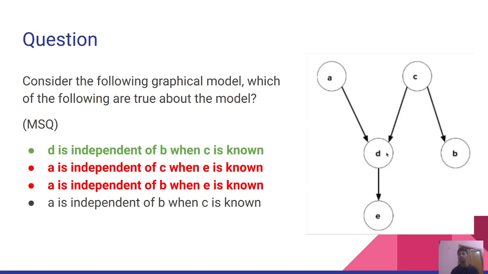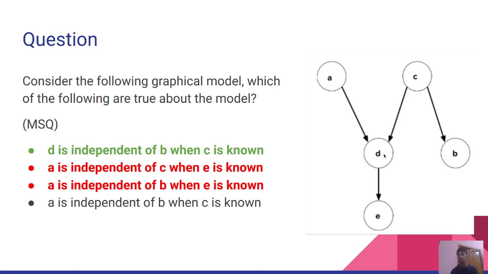So A is dependent upon B, right? Because they are directly connected. And then after that, are D and B independent, given E? As per the rule, D and B are children of C, so C is the parent, and in the directed graph, C is not blocked, right?